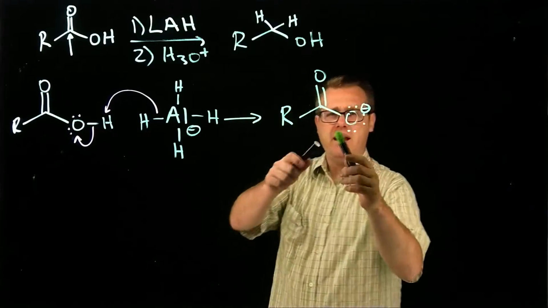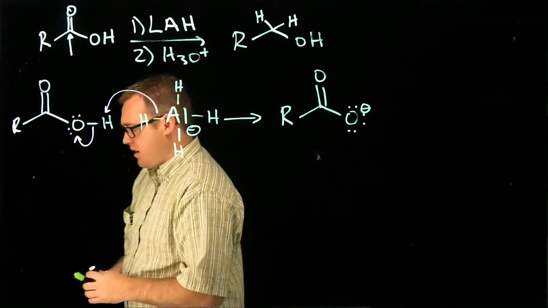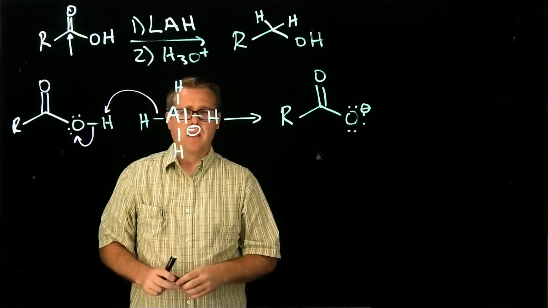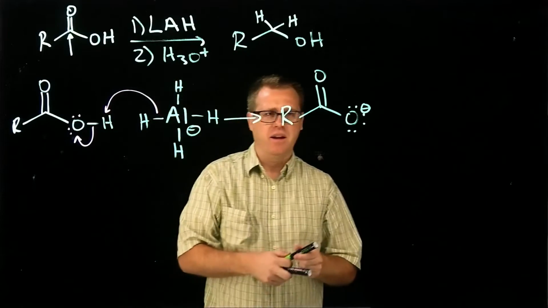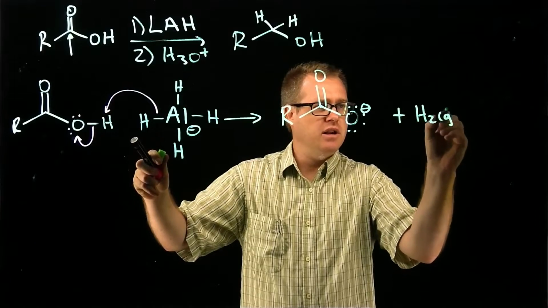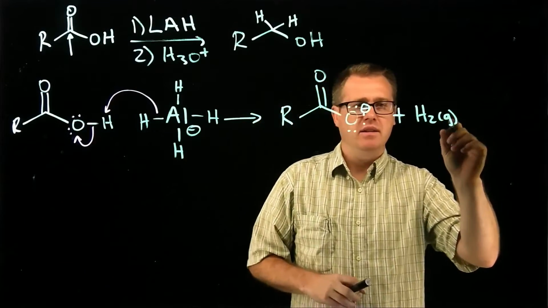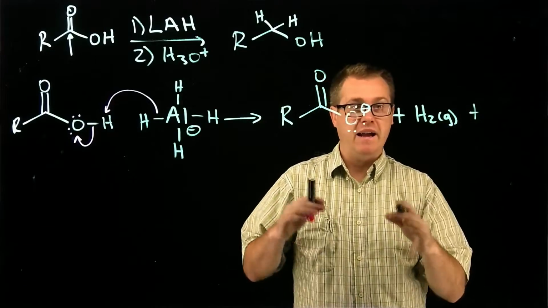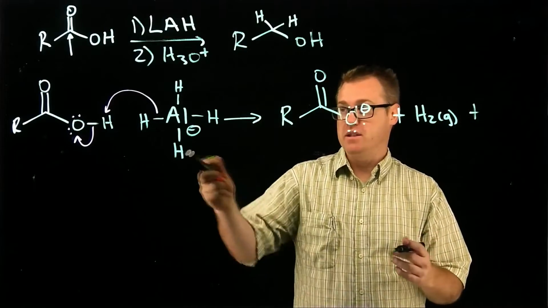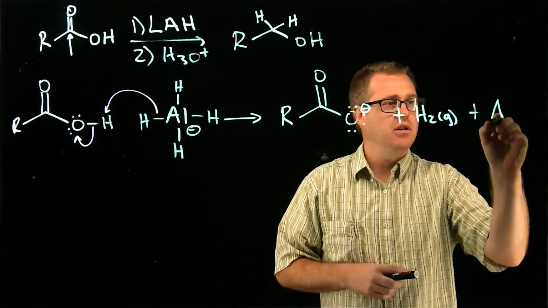So then how do we get from a carboxylate to an alcohol? What also is going on here? What did we form? We formed hydrogen gas. So that's going to bubble away. So that's going to promote the reaction to go, because you can't get hydrogen back after it bubbles out of the solution.